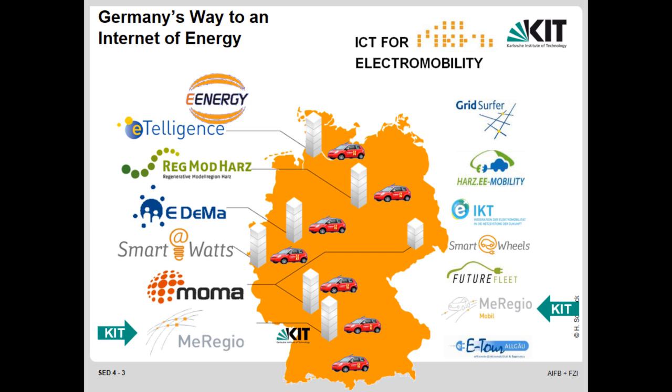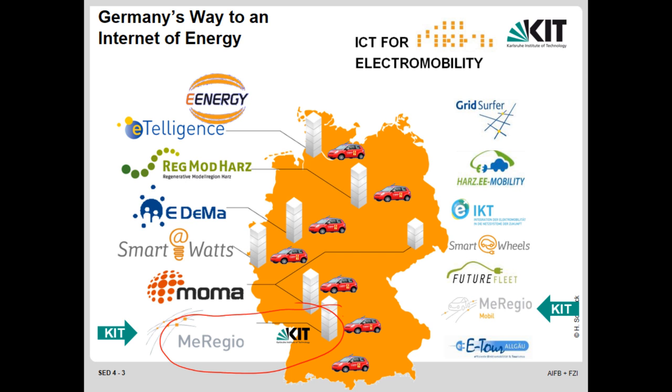So this framework that I just listed on the previous slide is now shown here with respect to the concrete projects. Down here in Baden-Württemberg, we had the program Meregio, moving to minimum emission regions. We had the MoMa project, that was at Mannheim.